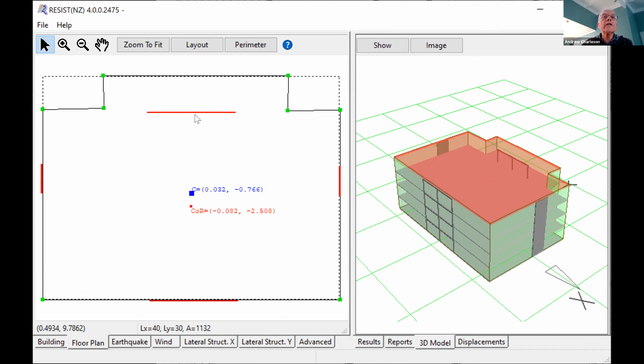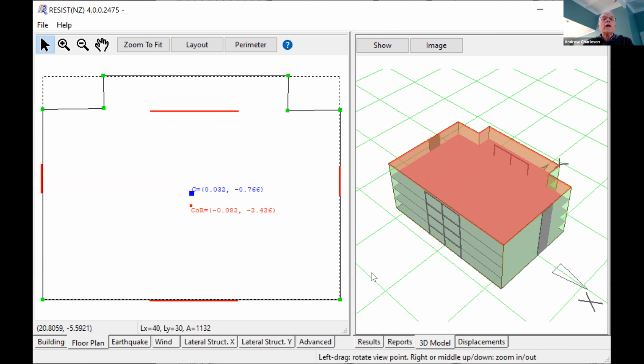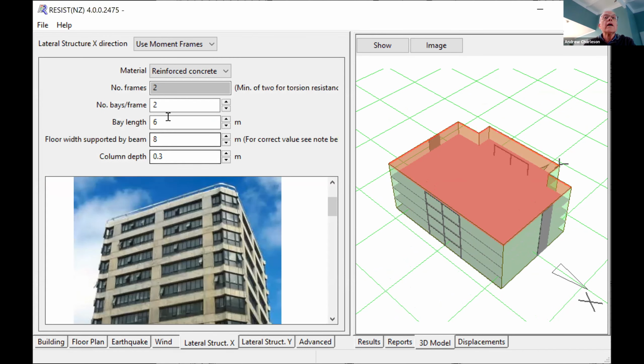As a designer, we can put these frames anywhere we want to. It's entirely your decision as the designer. Okay, so this is the default frame that Resist gives us.